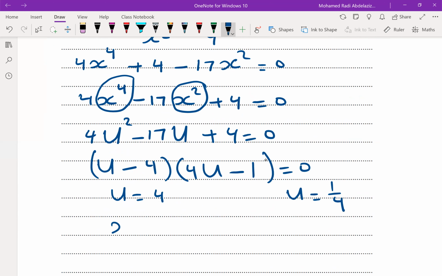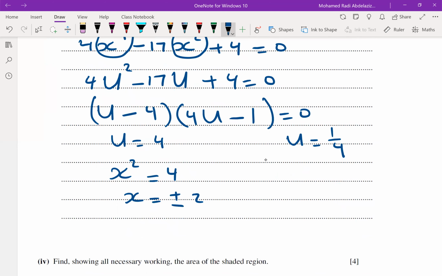u is x squared, so x squared is equal to 4; by taking the square root, positive or negative 2. But it's clear that the intersection with the x-axis is in the positive direction and also x is more than 0, so I will use only the positive value.